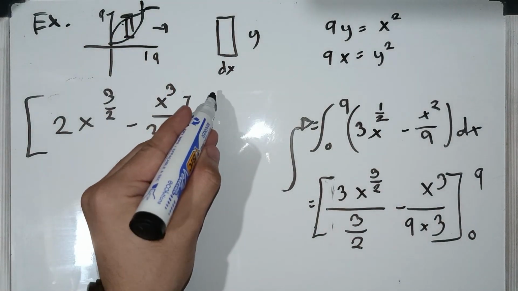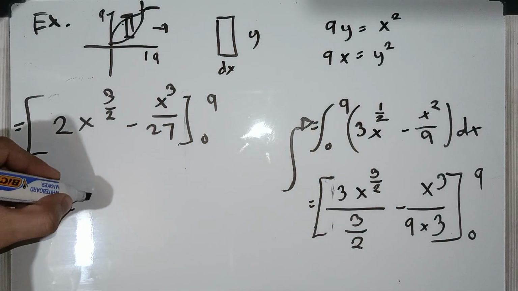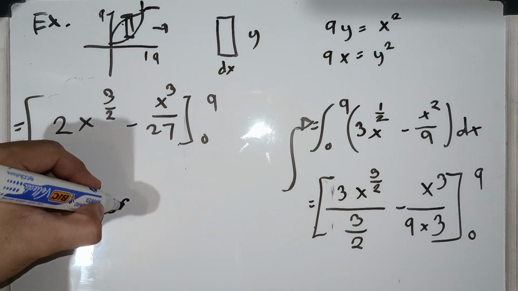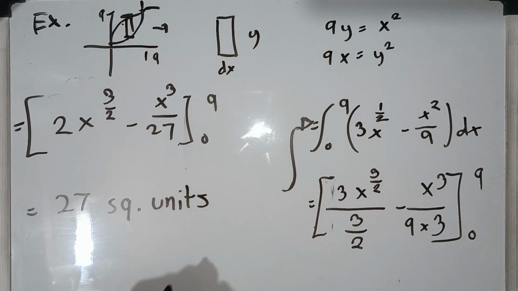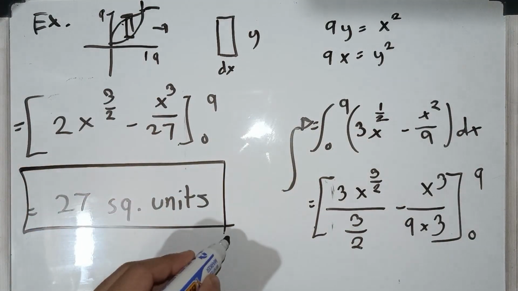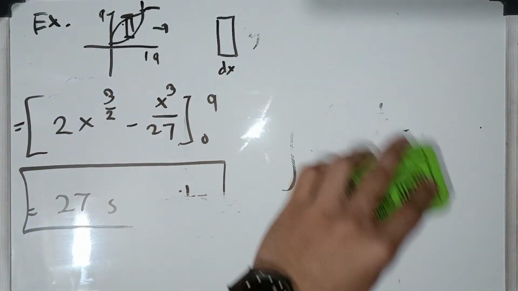Since we have the 9 here, let's plug the value to x. We can now use our calculator to solve this one. That is equal to 27 square units. So this is now the value of the area bounded by the two parabolas.